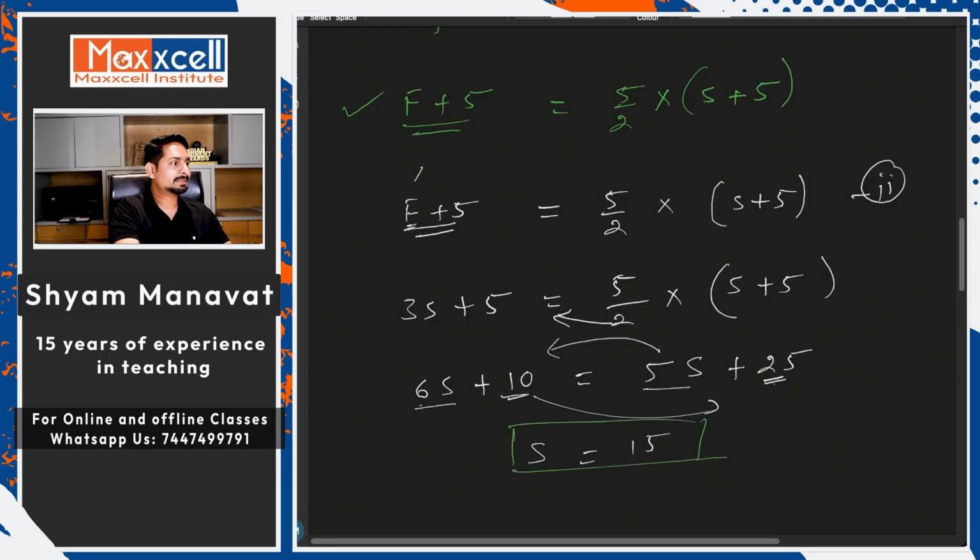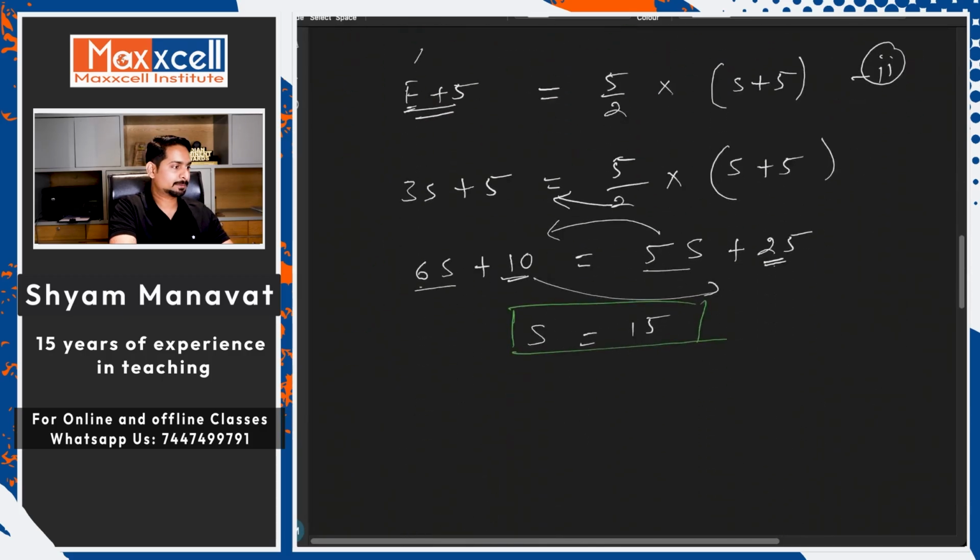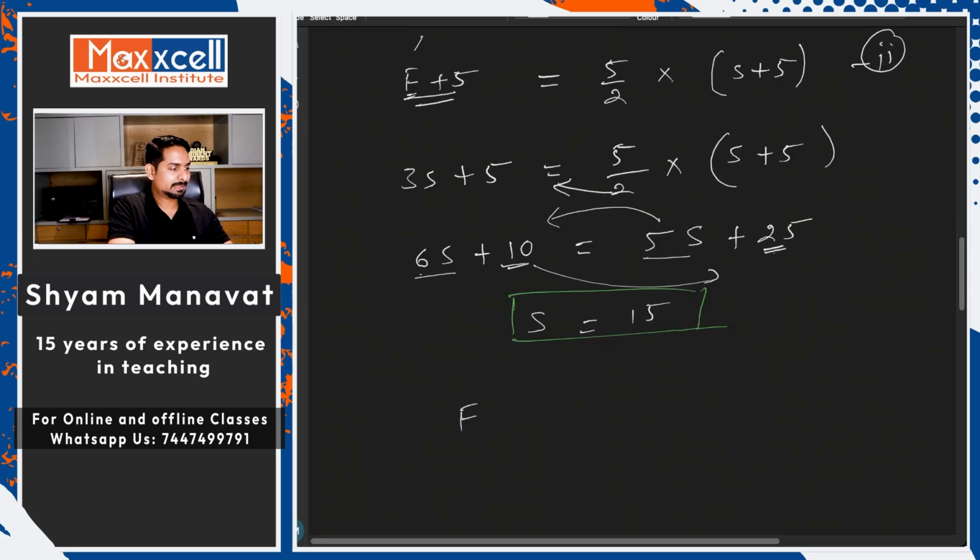Now to find the present age of father, father's present age F equal to 3S, which should be 3 into 15, that should be 45. That is the age of father. Are you okay with this? Yes? Great. You got the answer. S equal to 15, father's age equal to 45.